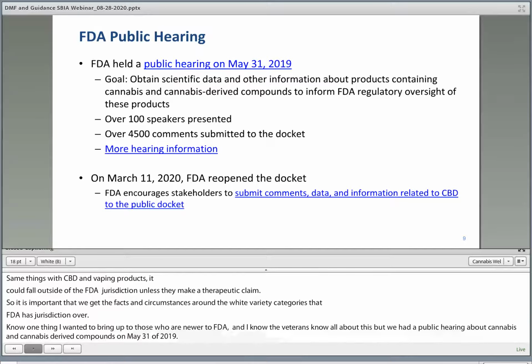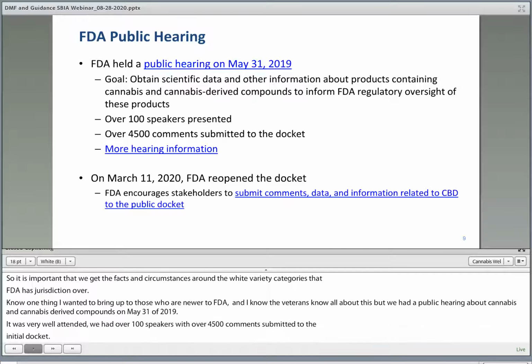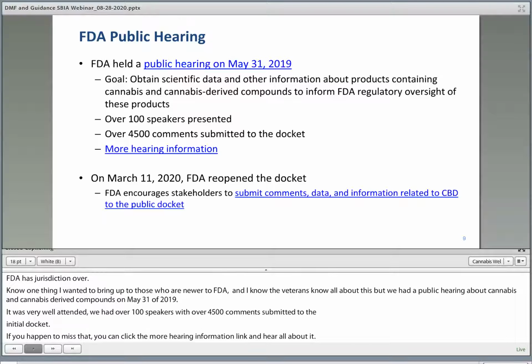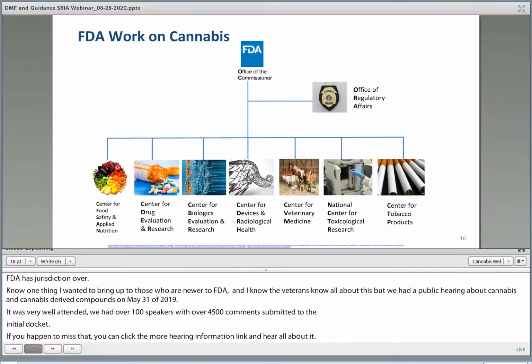And if you happen to miss that, you can click that More Hearing Information link and learn all about it. And I wanted to remind everyone here today that we have reopened that docket indefinitely. And so we encourage you, and we appreciate any comments, data, and information related to CBD be submitted to that public docket. So you can click on that link at the bottom to learn more.